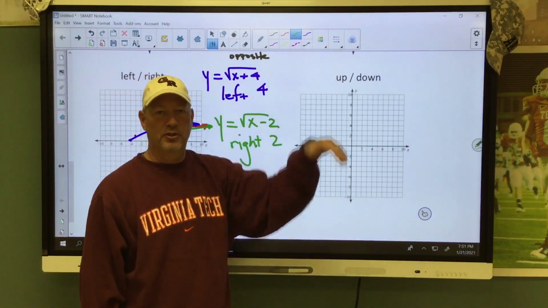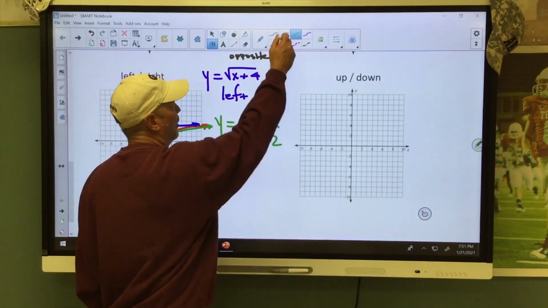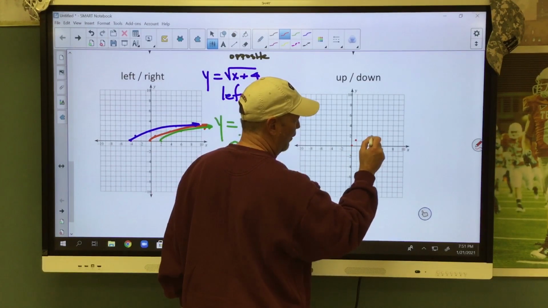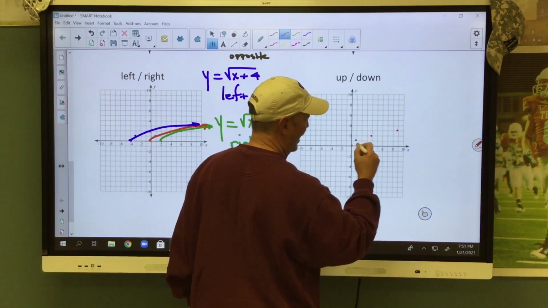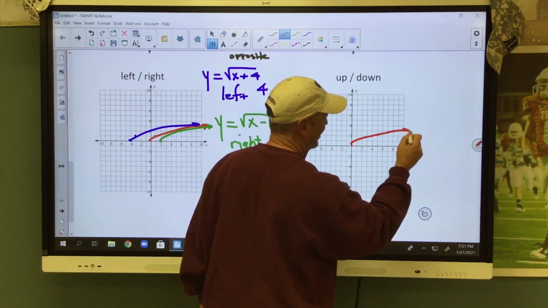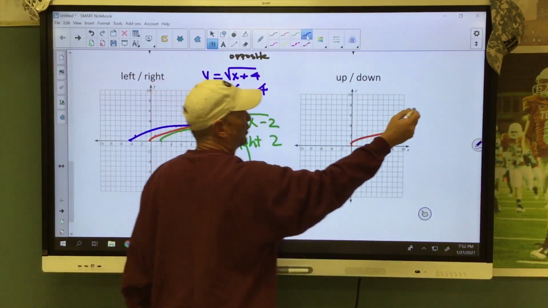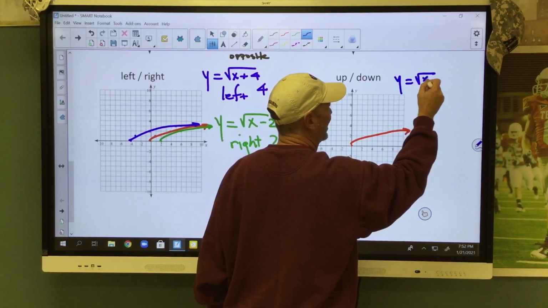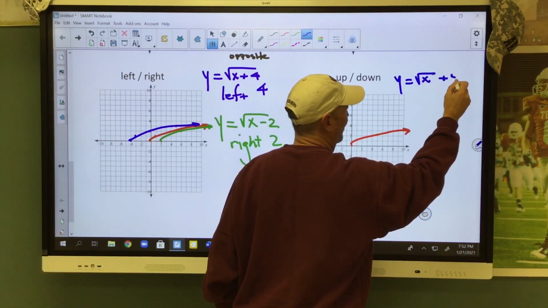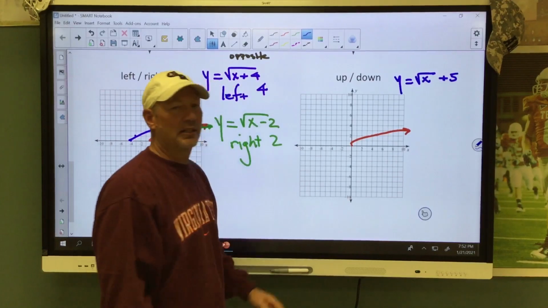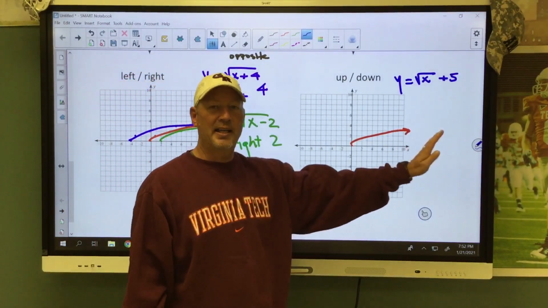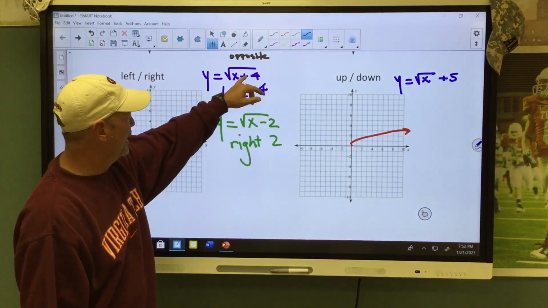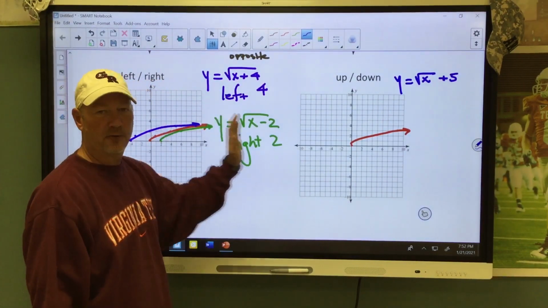Let's talk about vertical shift up and down. Parent function: origin, 1, 1, 4, 2, 9, 3. All right, so let's do this. Y equals the square root of x, and then we're going to go +5. Now notice that the +5 is outside or past the radical. Be careful. If it's underneath the radical, then it's left or right.